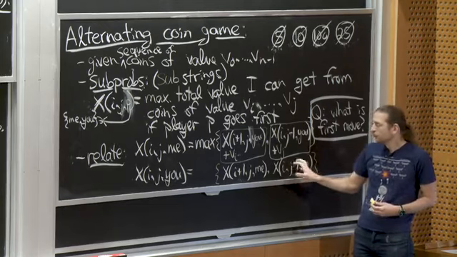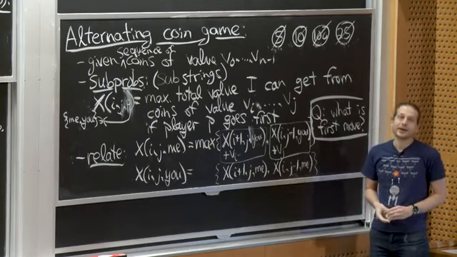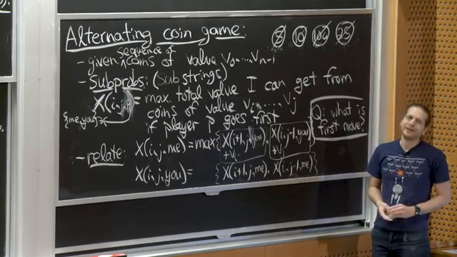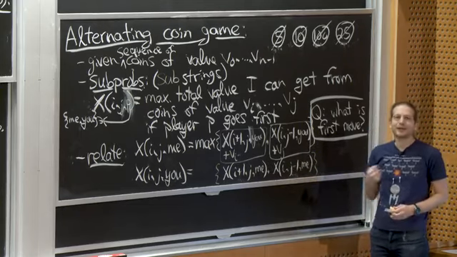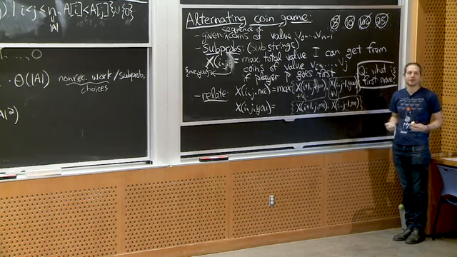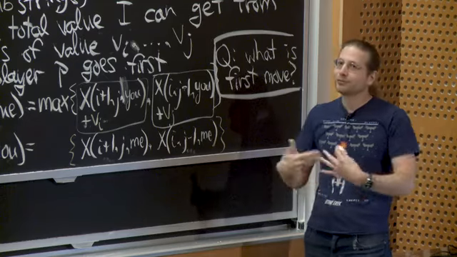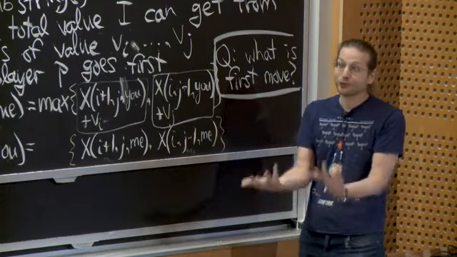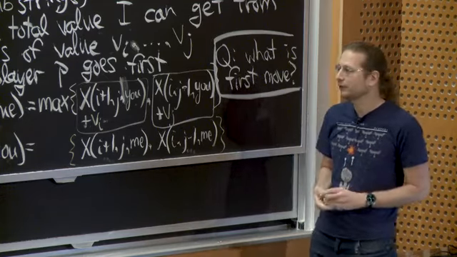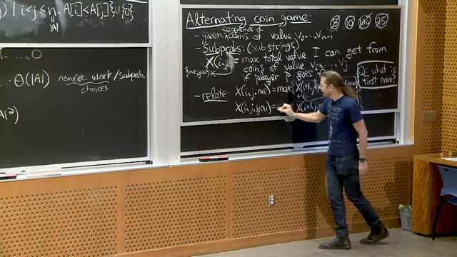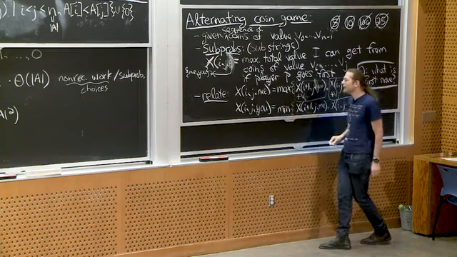Now, you're kind of a pain. You're an adversary. You're trying to minimize my score, potentially, because you're trying to maximize your score. This is a zero-sum game, so everything that you get, I don't get. If you want to maximize your score, you're trying to minimize my score. These are symmetric things. So if you think for a while, the right thing to put here is min.